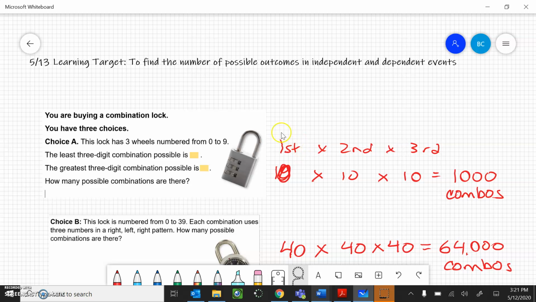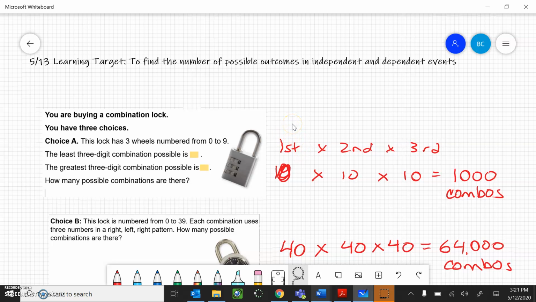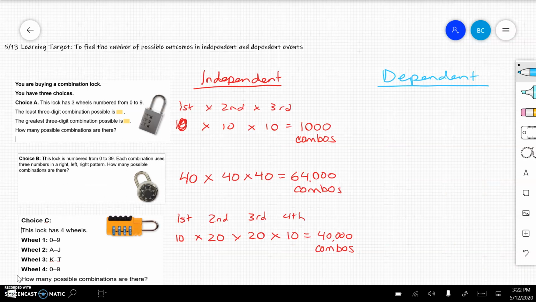So we're going to look at these lock problems again. I know you just looked at a couple examples of this on the TED Ed video. So I'm going to leave these examples of independent events here from the other day, but now we're going to add on to it dependent events.